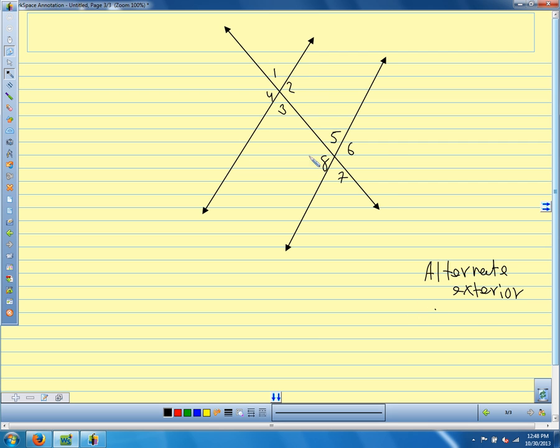So alternate exterior are going to be angle 1 and angle 7. So here and here. And angle 4 and angle 6. Opposite sides of the transversal and outside the two lines. So those are our alternate exterior angles.